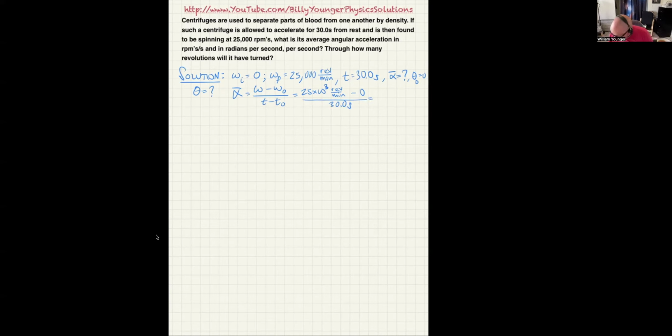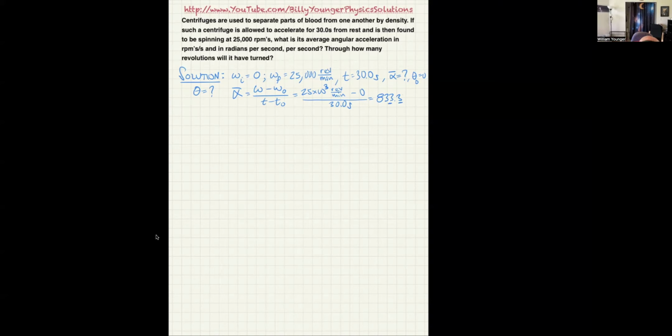And we get 25,000 divided by 30, which to 3 sig figs is 833.3. And I'll put another 3 here. Technically we only have 2 sig figs, so I'll just leave it here.